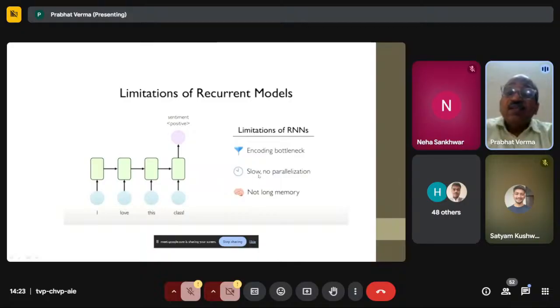Because there is no parallelization, it is slow in nature. And it is not long memory: due to vanishing gradient problems, there is a limitation on how far back you can connect with the history. So these are the limitations of the RNN.